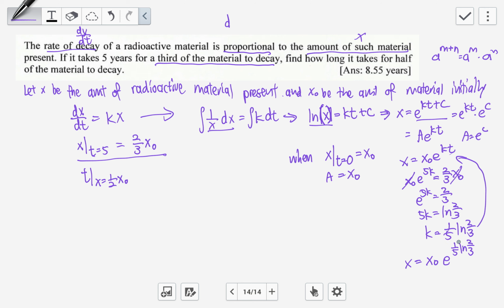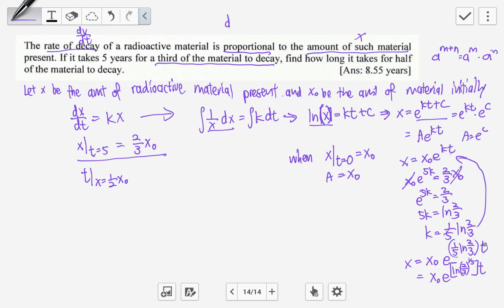Alright, 1/5 ln 2/3 is just my k, multiplied by t. Using the log rules, this 1/5 could become the power of ln 2/3, so ln (2/3)^(1/5), multiplied by t.